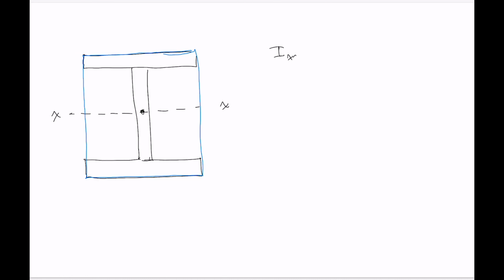So we'd say Ixx, and this is shape number 1 here in blue. Ixx equals I1. And then to get an I-beam, what we could do is subtract these gap regions here. We'll call that shape number 2 there, and another shape number 2 there. So subtract 2 times shape number 2.